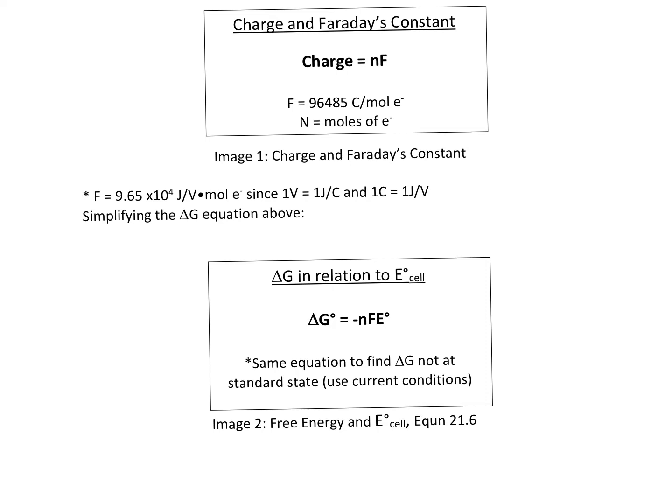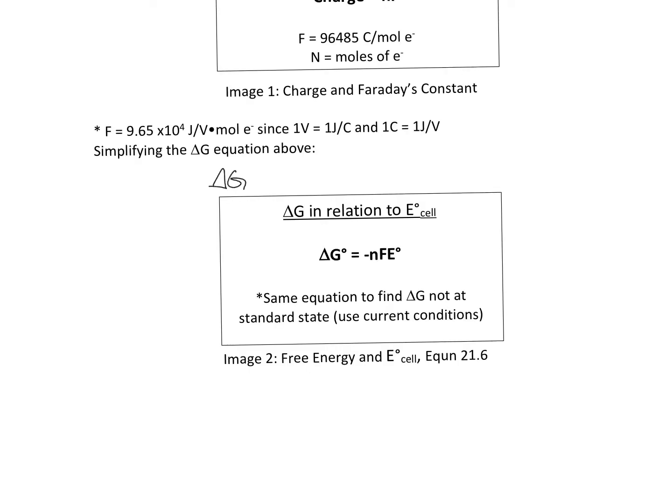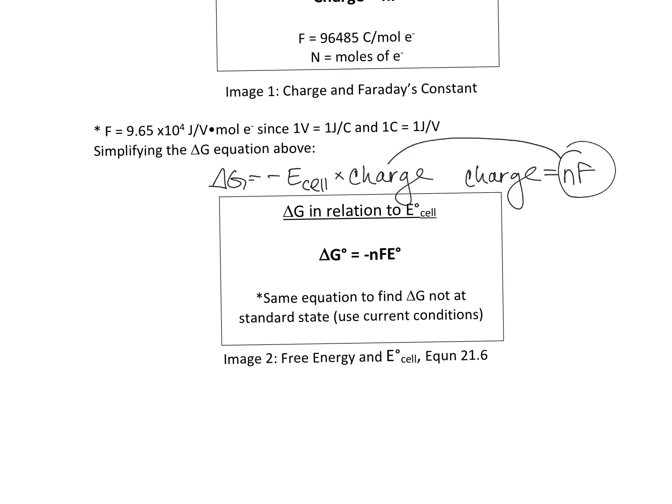So how do I relate this relationship to delta G? Well, I already know that delta G is equal to negative E cell times charge. And since I know charge is equal to NF, I can take that NF and plug it in here. So what I end up with is delta G is equal to negative N F E cell.